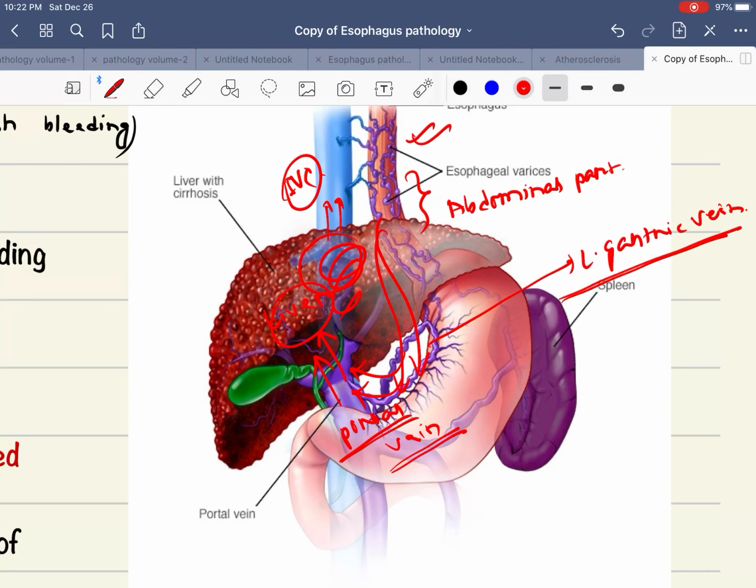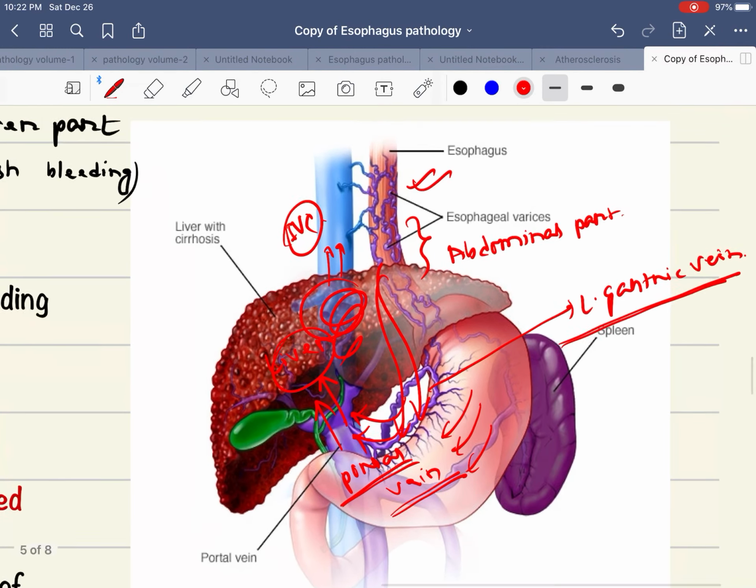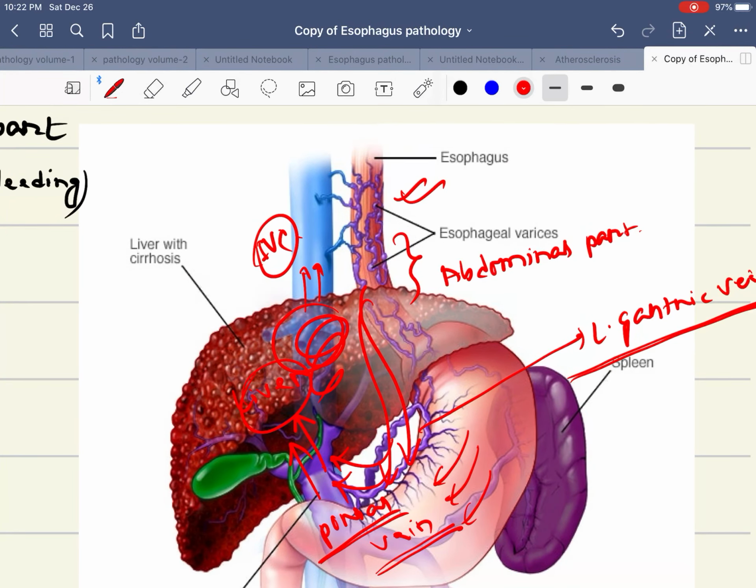Why? Because there is traffic within the liver. In liver cirrhosis, the liver is contracted, with fibrosis. This fibrosis will obstruct the blood vessels within the liver. That's why the blood cannot move forward, and this venous blood remains pooled within the veins of the esophagus.